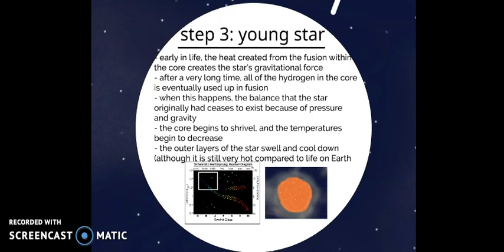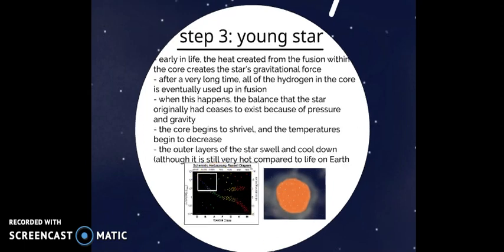The core begins to shrivel, and the temperatures begin to decrease as well. The outer layers of the star swell and cool down, although it is still very, very hot compared to life on Earth. And in the HR diagram, I graphed it a little bit further down than the protostar because it's a little bit less bright and it's a little bit older than a protostar.